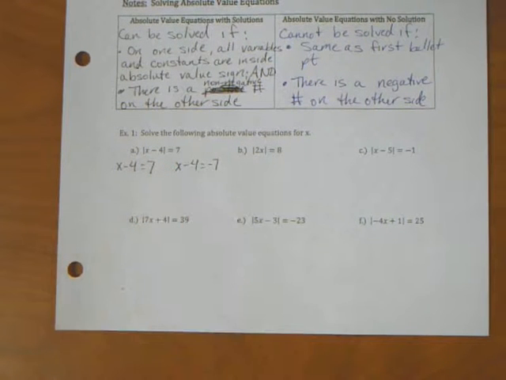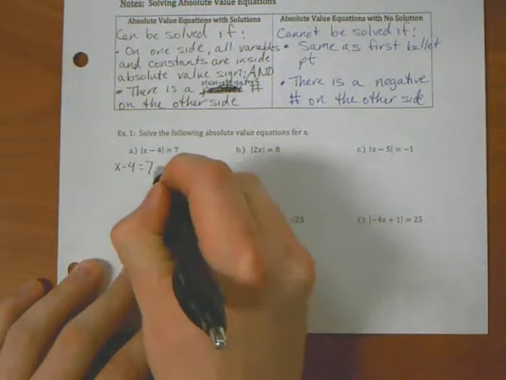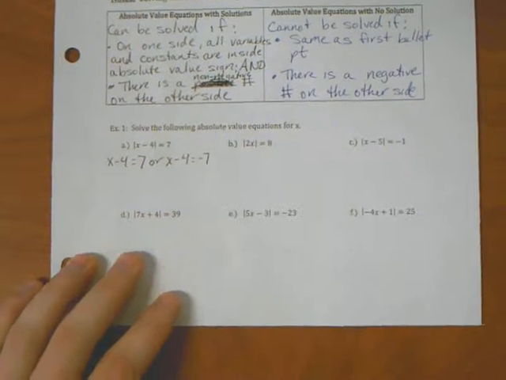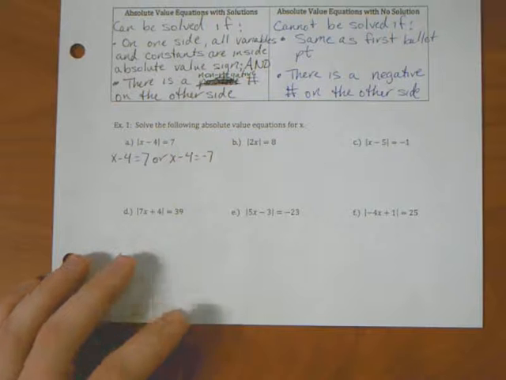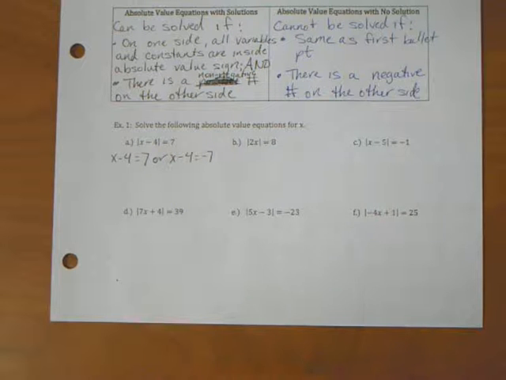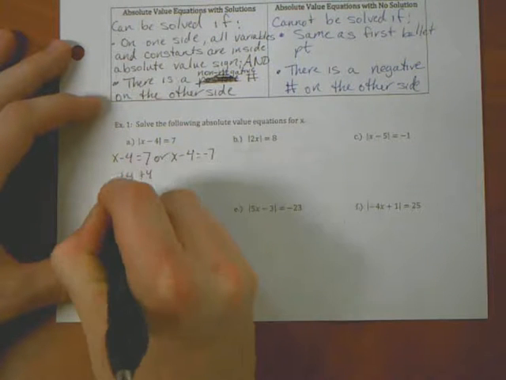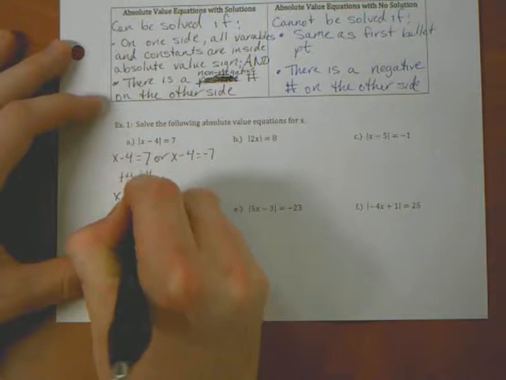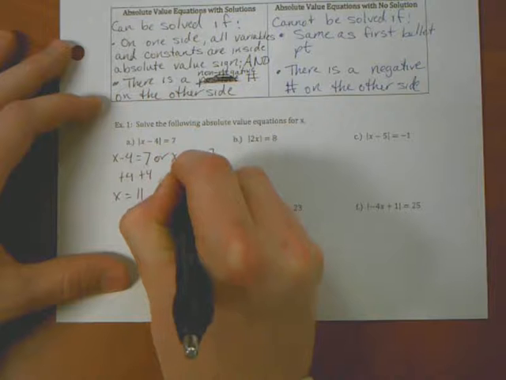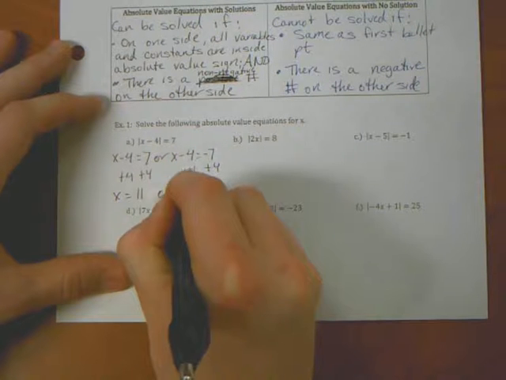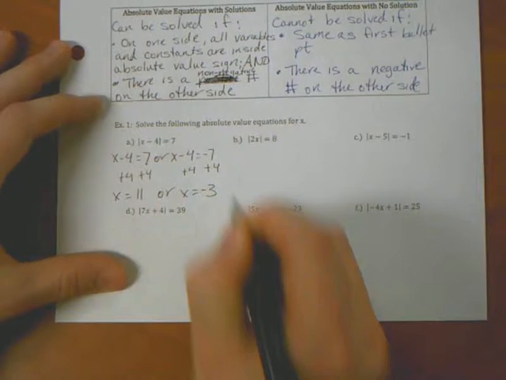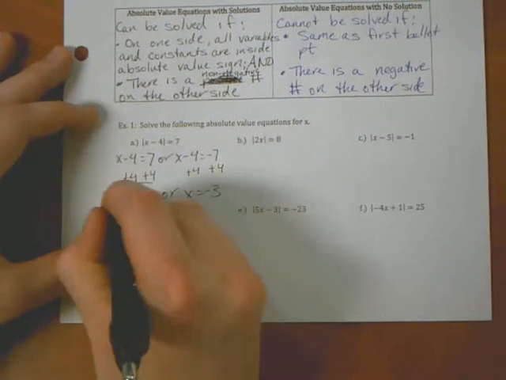So that's why we write both of these. If you wanted to write an or in the middle here, that'd be fine. So now, once you have these separated, you solve them just like you would solve normal equations. You add 4 on both sides, so you get x equals 11, or add 4 on both sides, so you get x equals negative 2. And that's your solution.